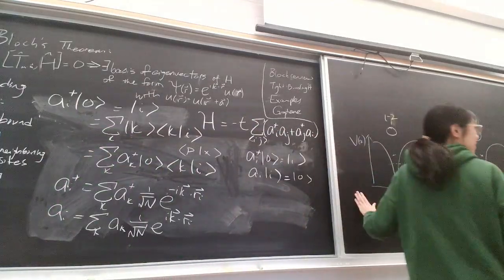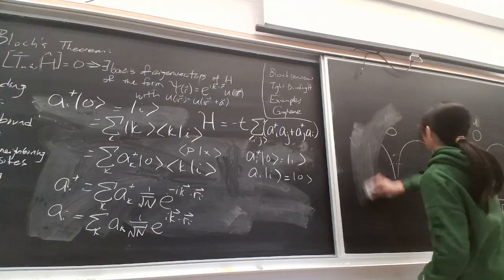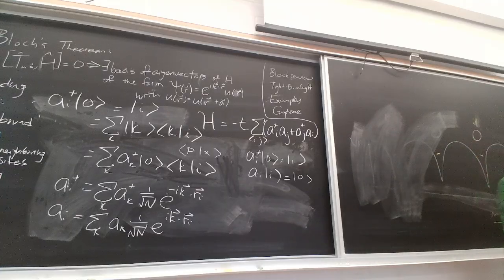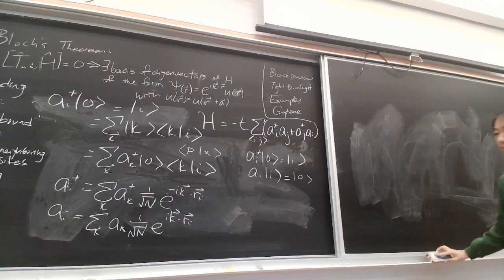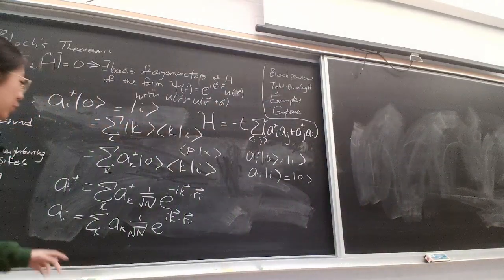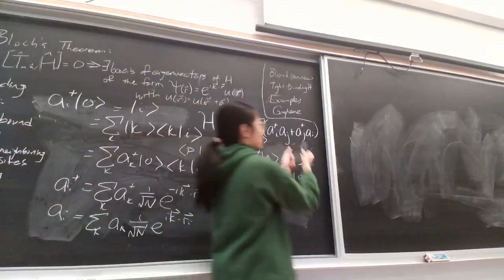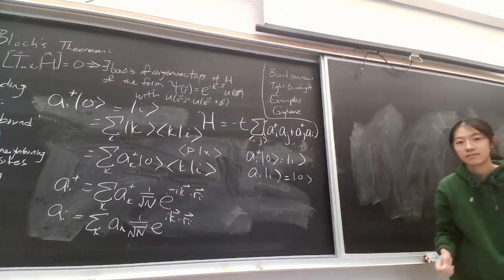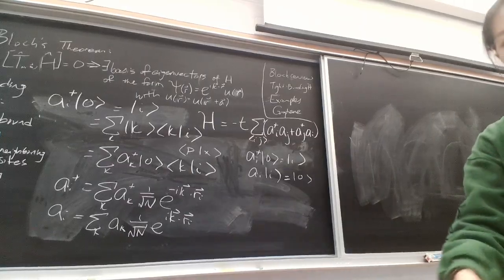Can I erase this? Yes. So now what we do is we plug these formulas into this Hamiltonian and see what we get. Make sure to move the camera so that things are visible.